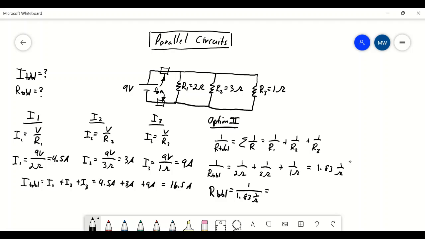And so that will give us 0.55 ohms. So we can get the same answer using a different equation that doesn't require us to find the total current. So that's another option. You don't have to use that way. You can still keep using Ohm's law. You can use Ohm's law for any of these circuits.